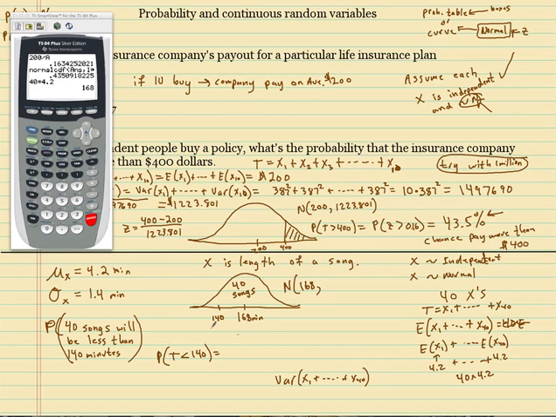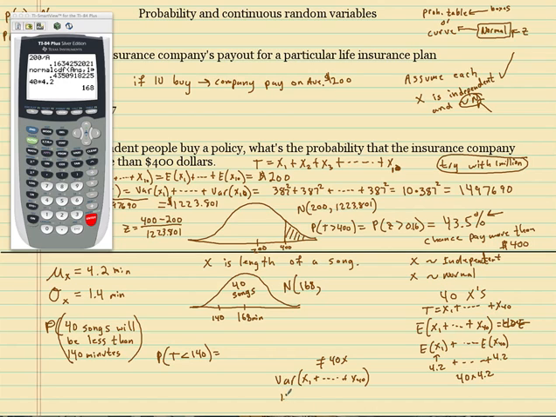This is not equal to 40x. 40x would be making one song 168 minutes. This means you have 40 different songs that are 4.2 minutes. You have to understand that, so that you know to split these variances up.